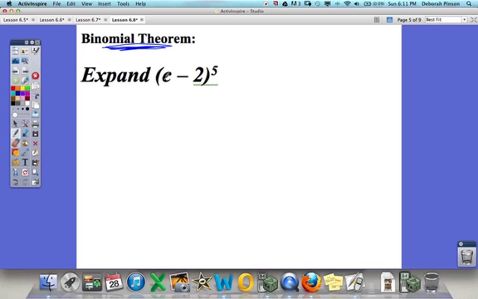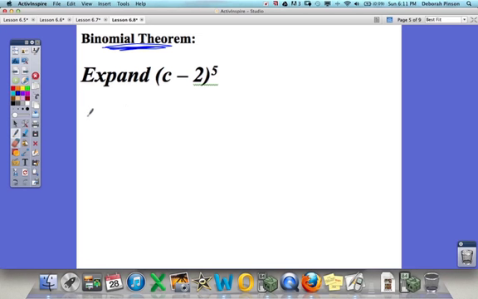We're still going to do the c to the 5th, c to the 4th, c to the 3rd, etc. We're still going to do the -2 to the 0, -2 to the 1st, all of that. We're just going to do the part that we would get off Pascal's triangle using the binomial theorem.